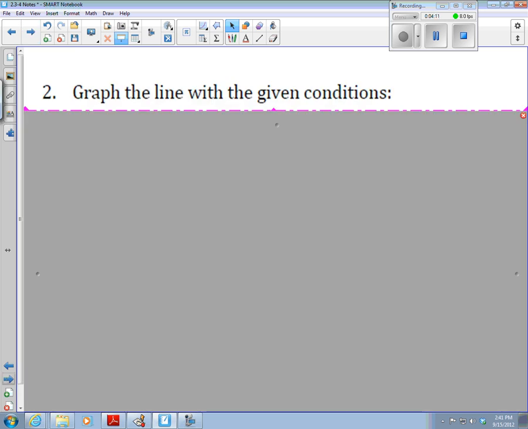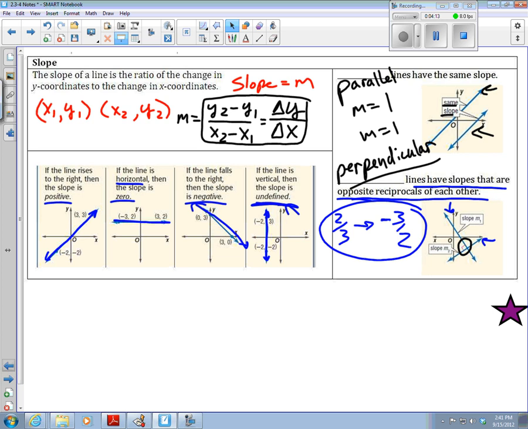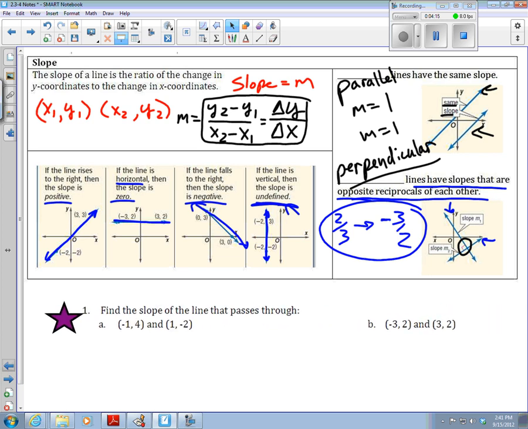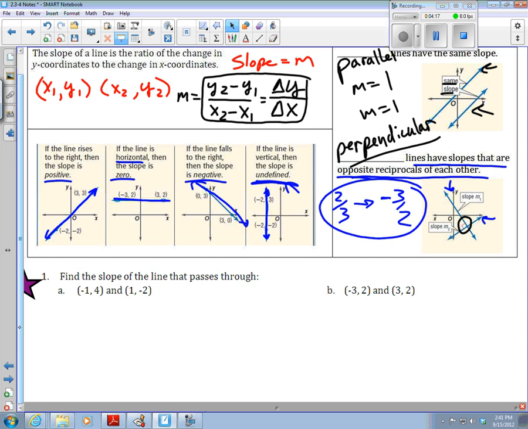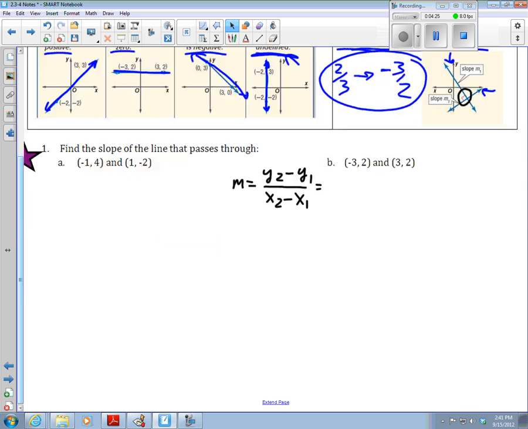Oh, let's go back a minute here. So, using this little formula here, m equals change in y over change in x. We're going to find the slope of the line that passes through -1, 4 and 1, -2.